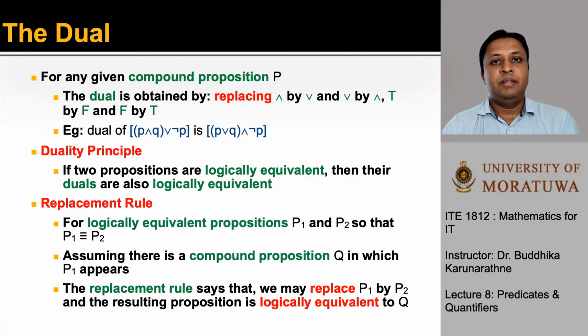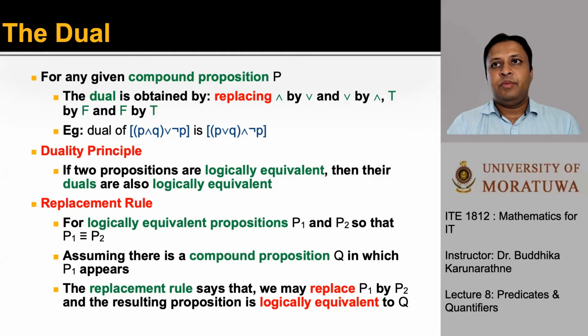So for example, dual of P conjunction Q, disjunction negation P is P disjunction Q, conjunction negation of.